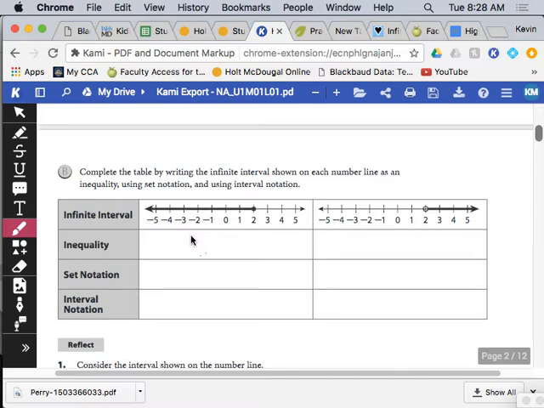But I know that I've got an ending point. So x is going to be less than or greater than? Less than what, class? 2. And it's going to be less than or less than and equal to? Less than or equal to 2. Okay? So that's my inequality. Once I have the inequality, it's easy to do set notation: the set of all x such that x is less than or equal to 2.